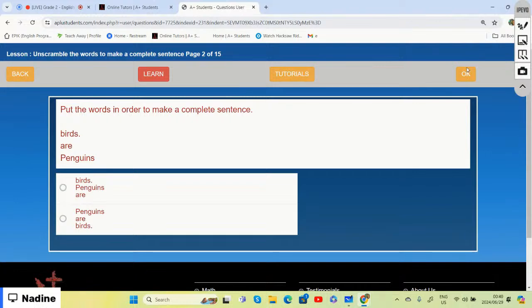So birds, penguins are, or penguins are birds. All right, and if we were to choose the correct one, we would say penguins are birds. And that one is correct.